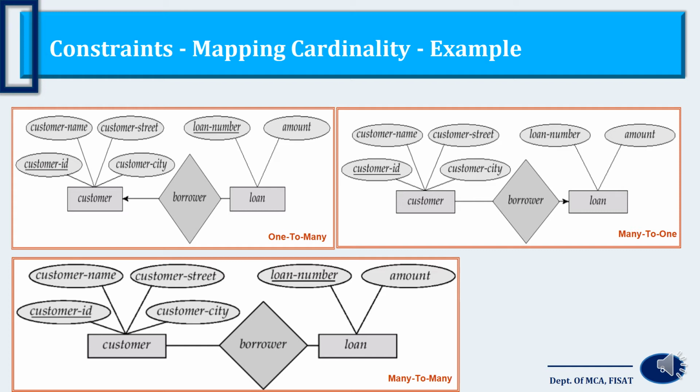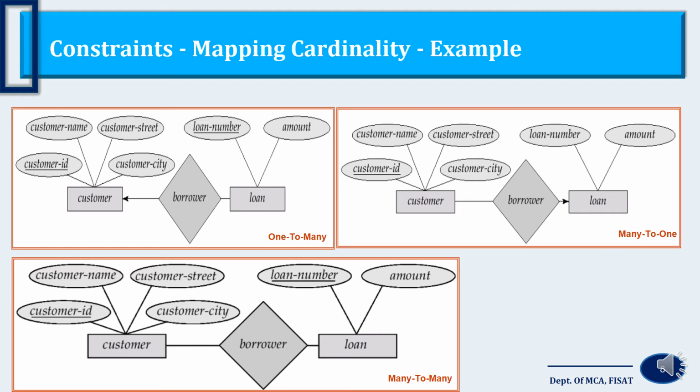That is, a customer is granted with only a single loan, but this loan is associated with more than one customer, several customers. That is the case of many to one. And look at this third scenario, many to many. A customer can have several loans and a loan can be associated with several customers. So that is the scenario that explains the many to many relationship.